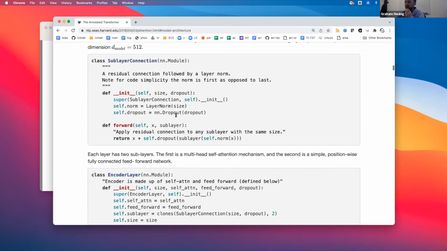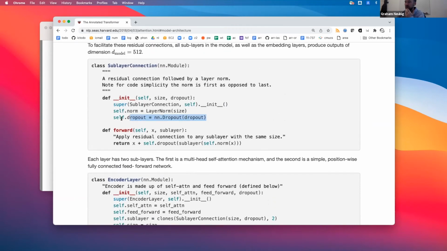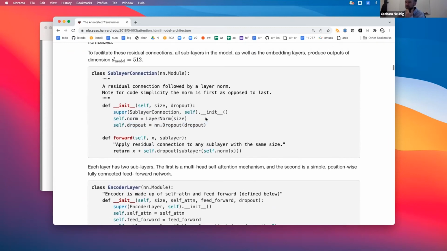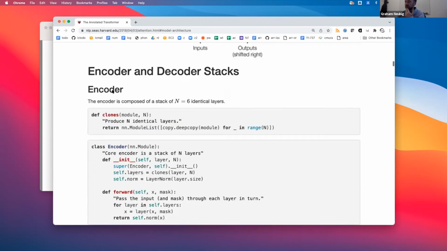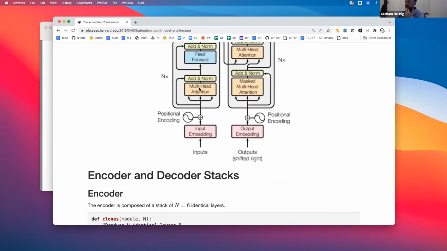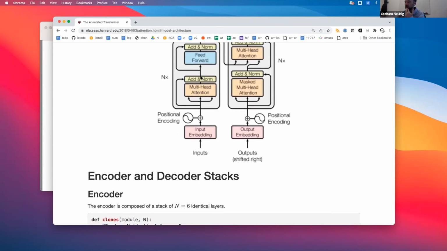And we add dropout. Dropout is kind of like regularizing the model to prevent it from overfitting. We have layer norm. And then for each of these blocks, you'll notice that we have the multi-head attention, and then we have this add-and-norm after this.